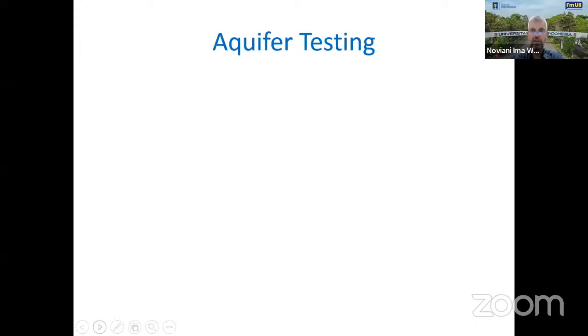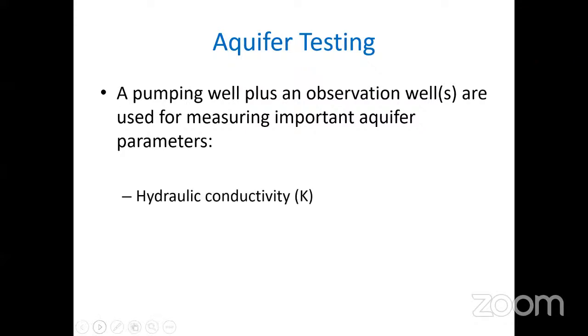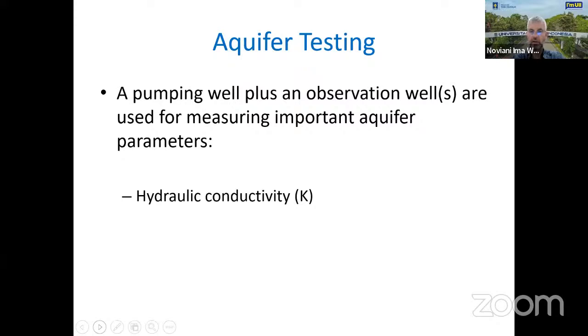So what is aquifer testing? In an aquifer test, we have a pumping well, a well from which we pump water, and an observation well. An observation well is basically used to measure the depth to the water table once the pumping well starts pumping. And the information that we're getting from these tests is hydraulic conductivity, K, remember Darcy's Law, and transmissivity, which is related to hydraulic conductivity by the thickness of the aquifer.